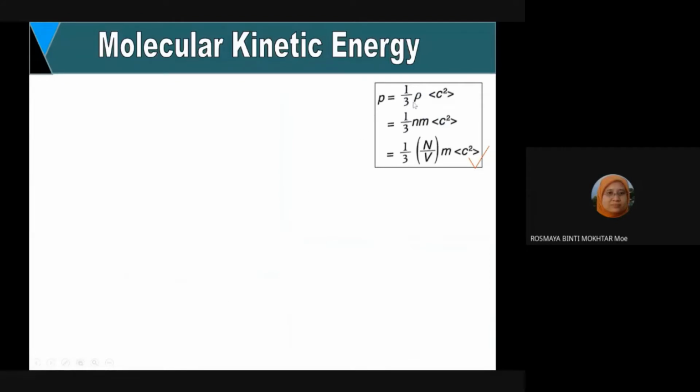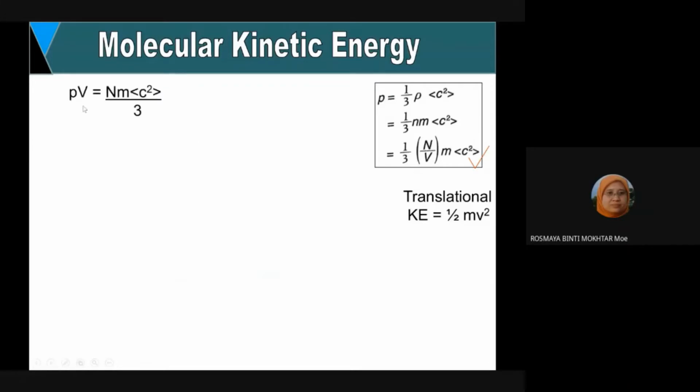We start with the pressure of a gas equals 1/3 N per V times m times mean square speed, where N is the number of molecules, V is the volume, m is the mass of one molecule, and this one is the mean square speed of a molecule. Translational kinetic energy is equal to half mv squared. So we are going to relate the kinetic energy with the equation here.